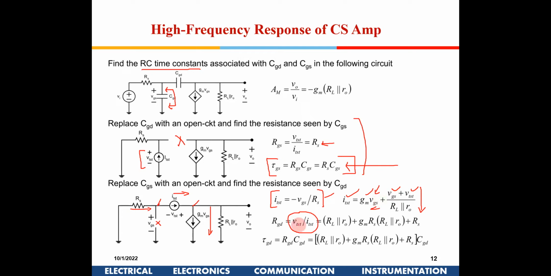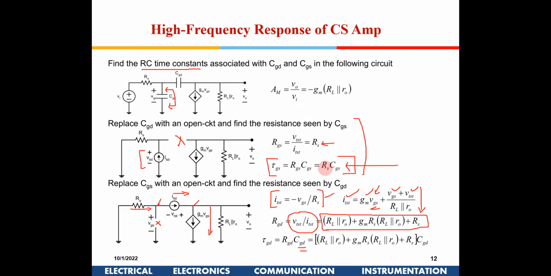And then I take V test by I test, that is the resistance as seen by the capacitance. I will get this equation. That multiplied by CGD will give me the second pole.